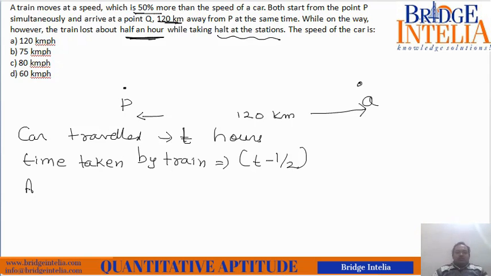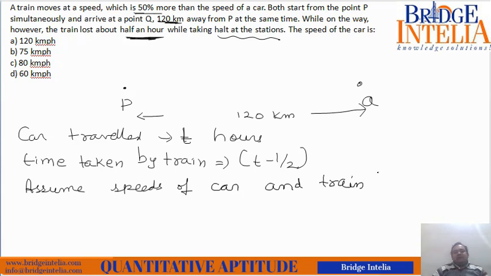So you can assume speeds of car and train to be equal to u and 1.5 u, because speed of the train is 50% more.